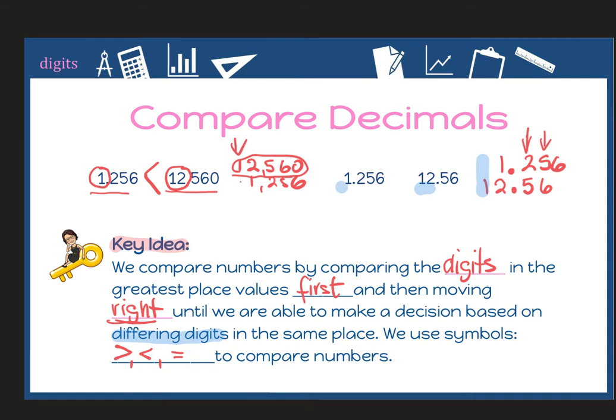So here we're going to put the symbol: 12 and 56 hundredths is greater than 1 and 256 thousandths. If you say the word form of the numbers, you can hear that 12 needs to be greater than 1.